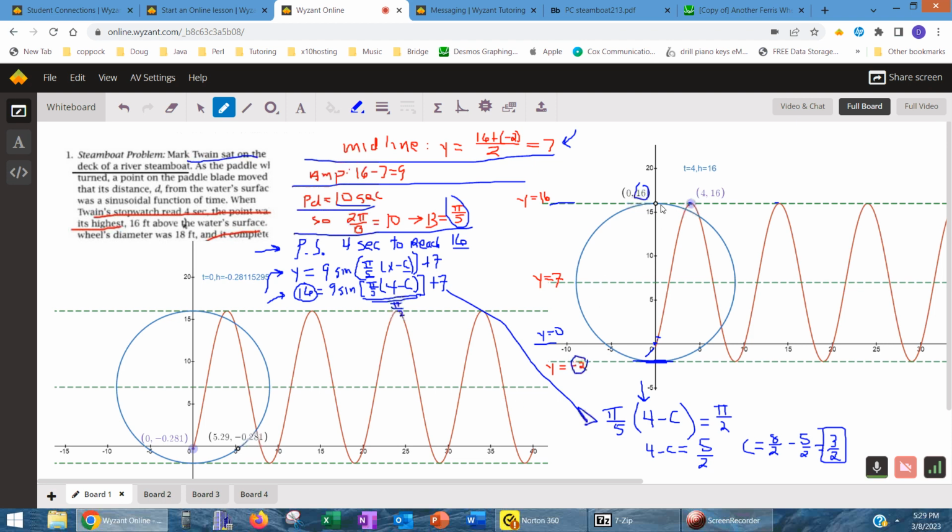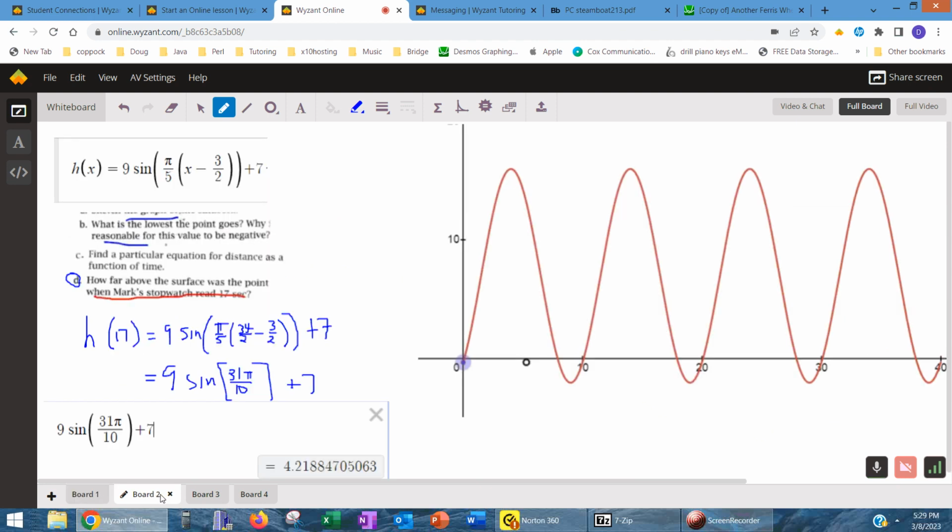Okay. And by the way, this is the steamboat wheel, this blue circle. And I'll go to Desmos in a minute and show you that as we move this point along this function, you'll see this point right here on the steamboat move along the steamboat wheel. Okay, but there's your equation right there. You could use t instead of x for the time.